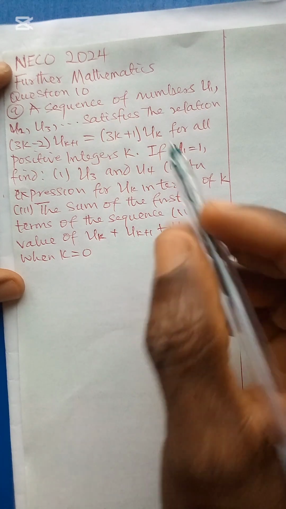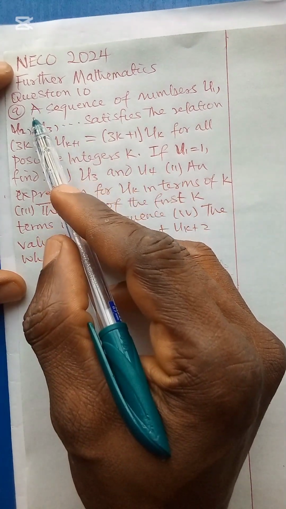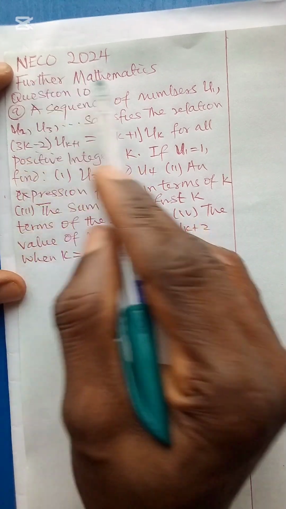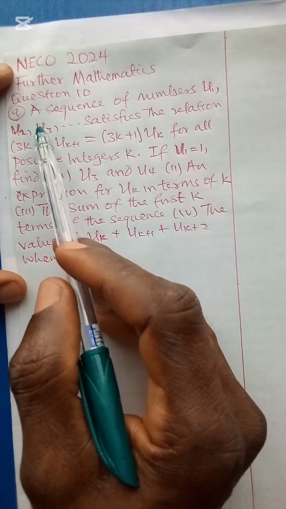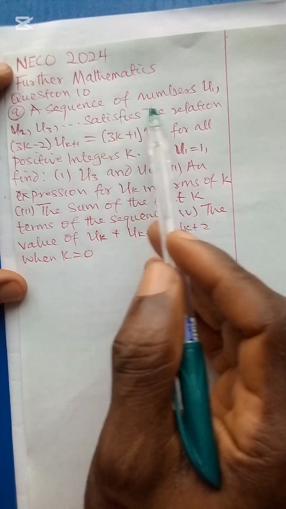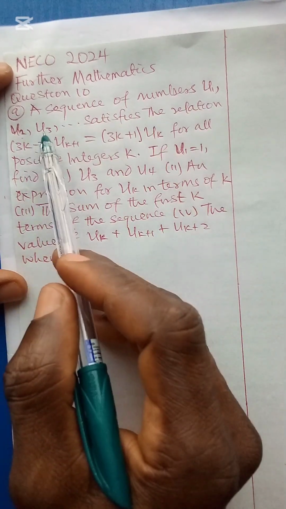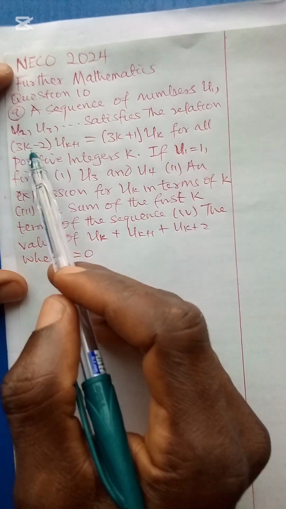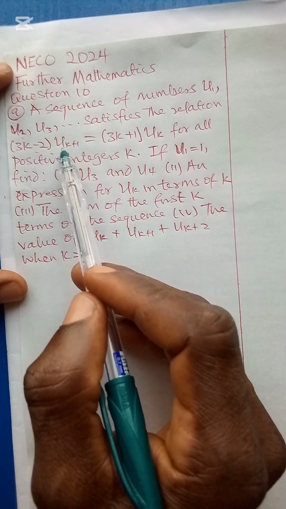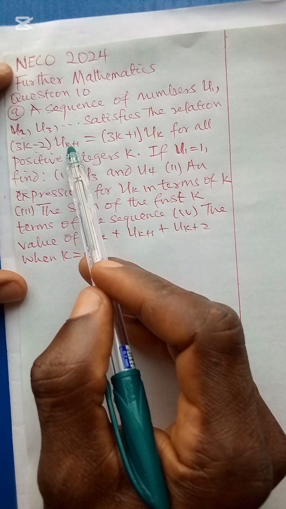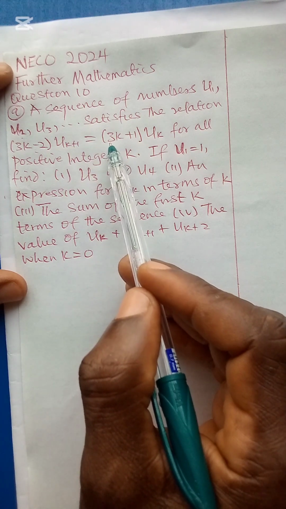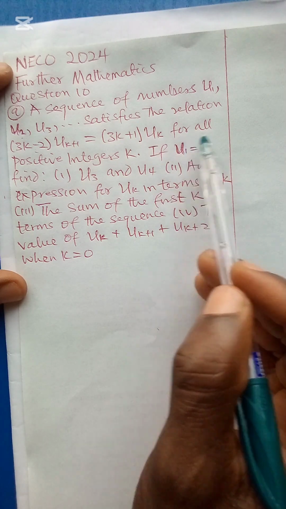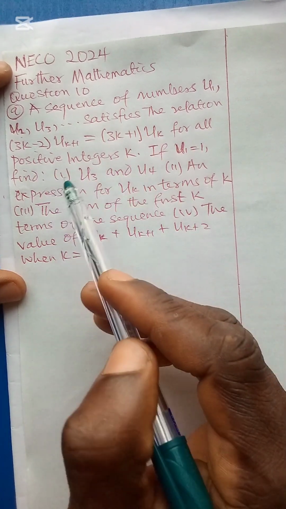In this video, I will be solving the A part of the 10th theory question of this year's NECO Further Mathematics exam. The question says, a sequence of numbers u1, u2, u3 up to infinity satisfies the relation (3k - 2) times u_(k+1) is equal to (3k + 1) times u_k for all positive integers k.